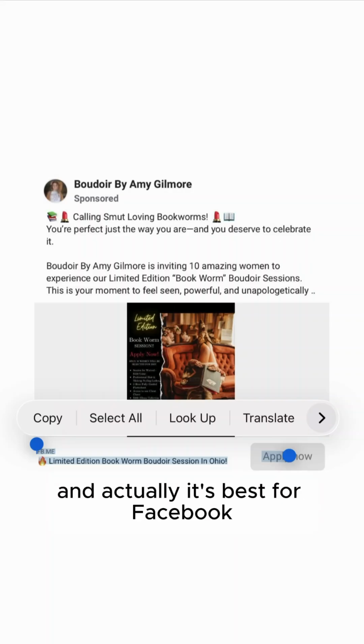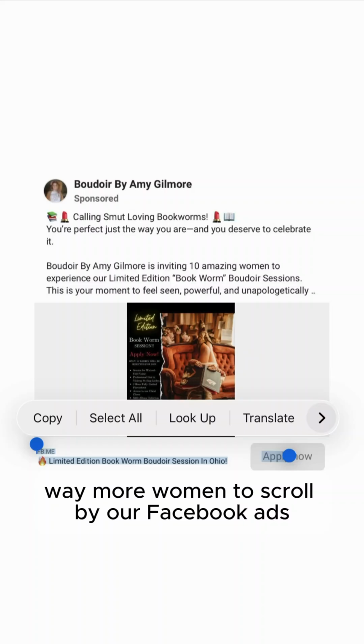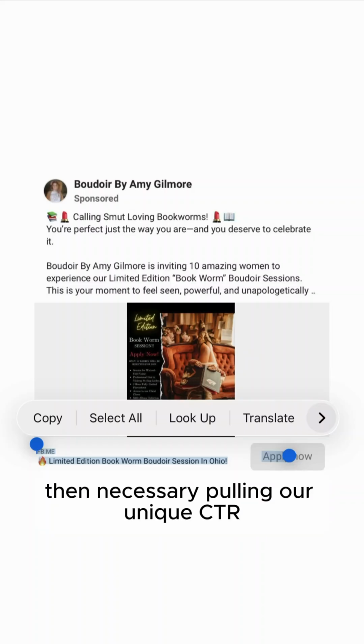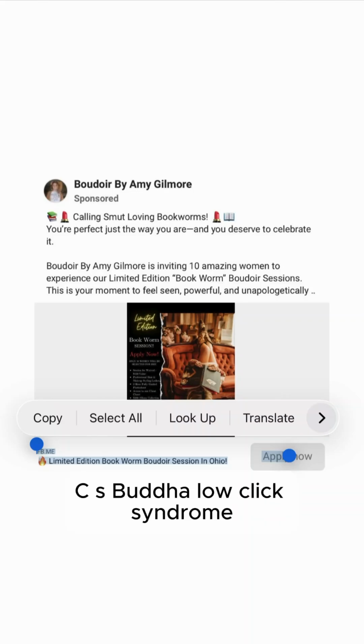Actually it's best for Facebook and worse for us when we fill these out. It causes way, way, way more women to scroll by our Facebook ads than necessary, pulling our unique CTR all under 6% and contributing to BLCS, Boudoir low click syndrome.